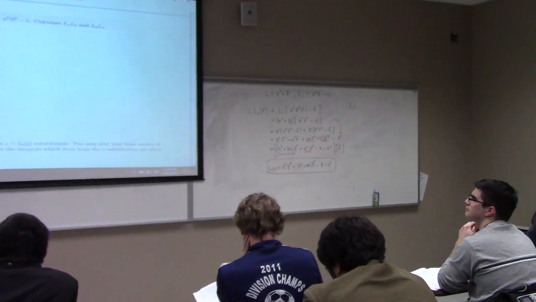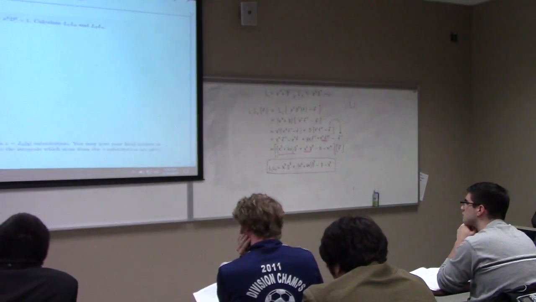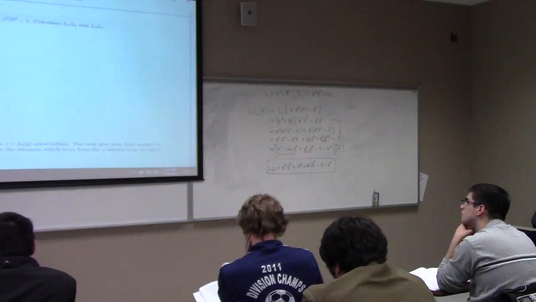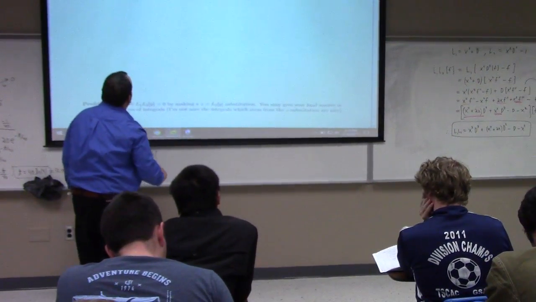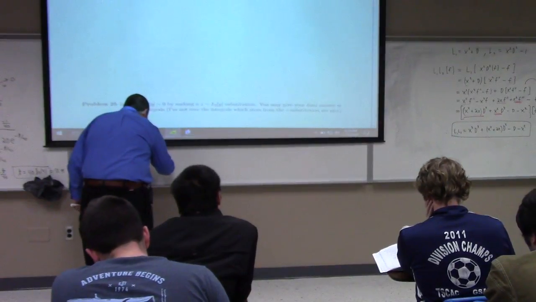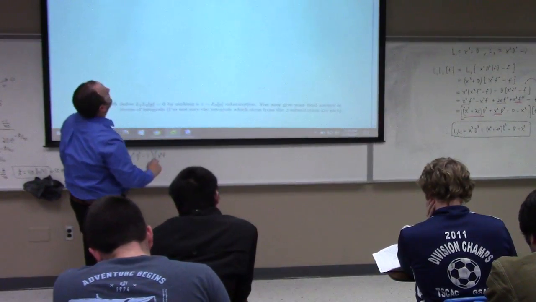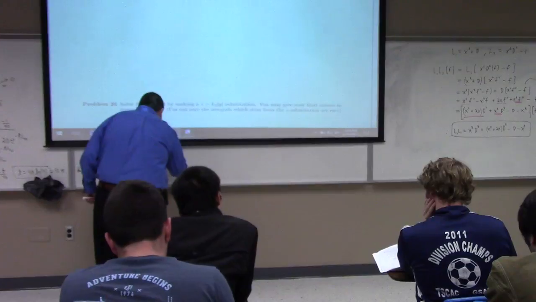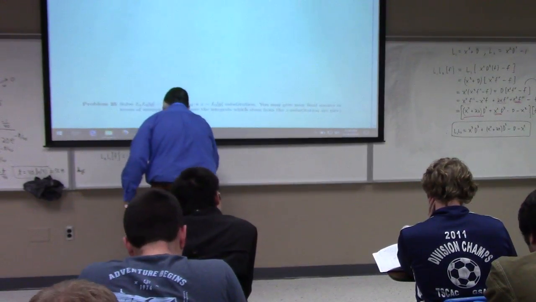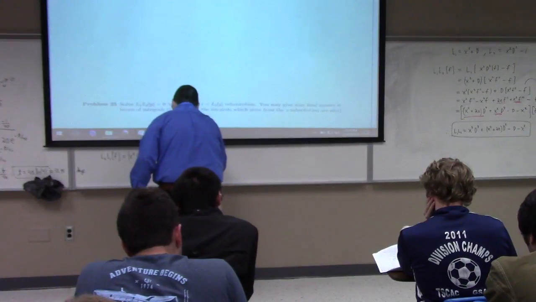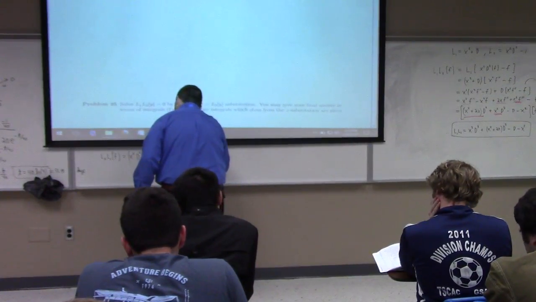X squared, D squared, minus 1. L1 on F is exactly X squared F plus F prime. I'm going to hurt my neck. So that is X squared. Oh, great. Googly moogly.